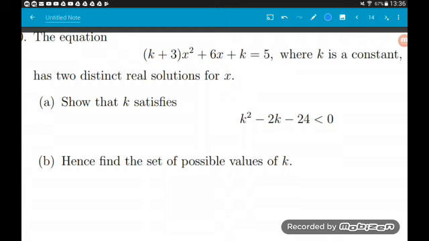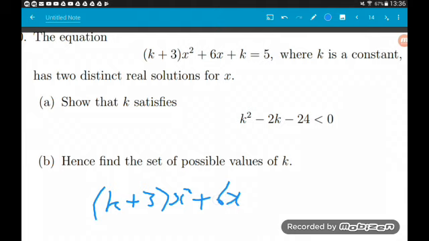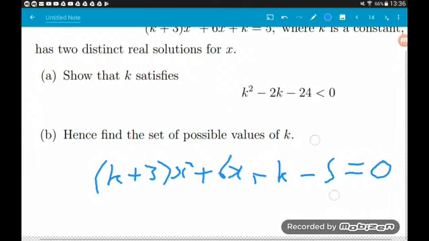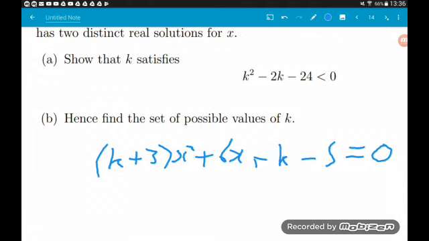So we're going to have (k plus 3)x squared plus 6x plus k minus 5 is equal to 0. Now, we know that we've got two distinct real solutions, right? So think about what that means in terms of the discriminant.